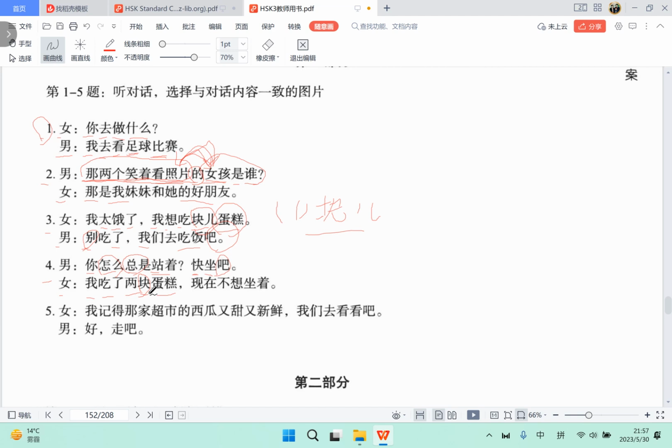But in conversation there's no difference in meaning, so both are okay. And 现在不想坐, so now I just don't want to sit, right? 坐着 continues the state. So the keywords here are 站 and 坐.